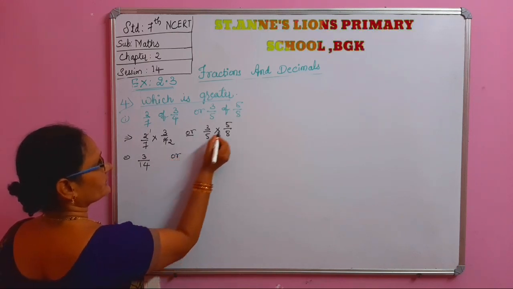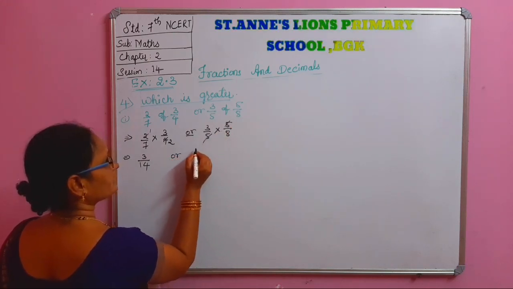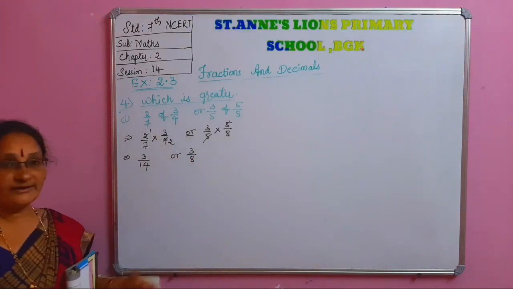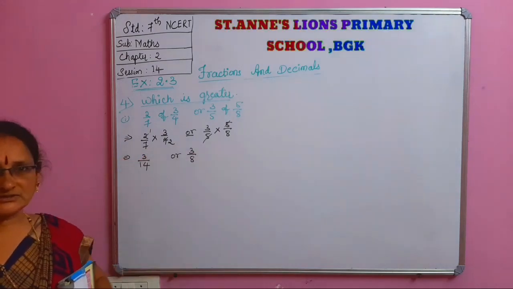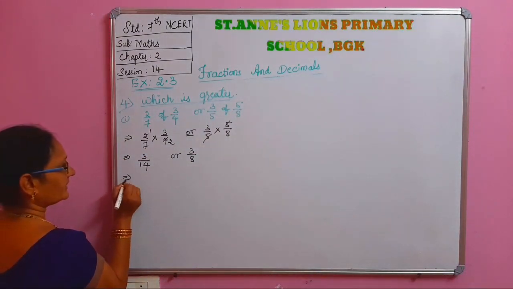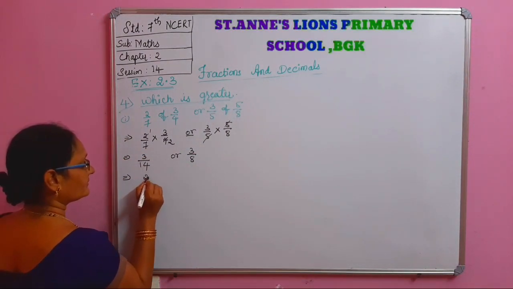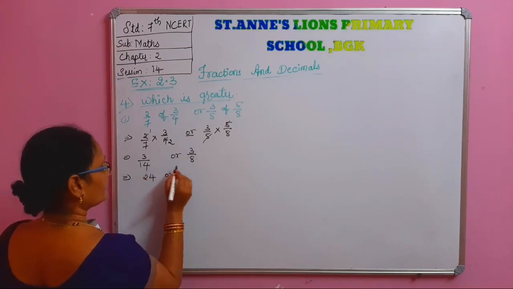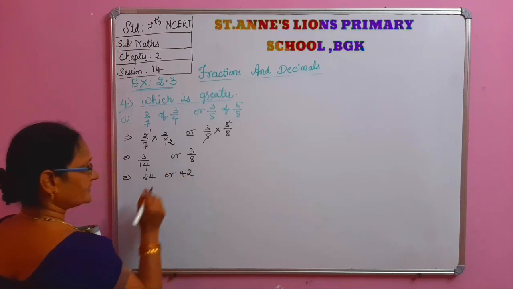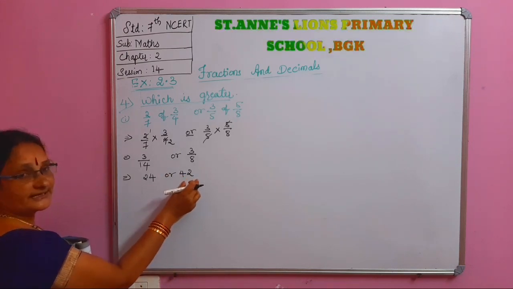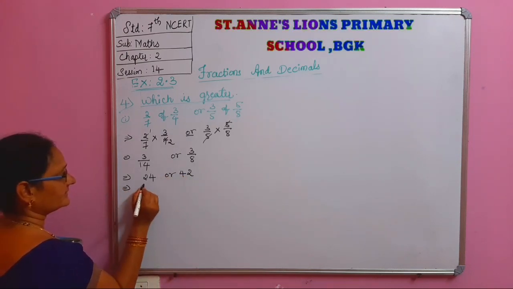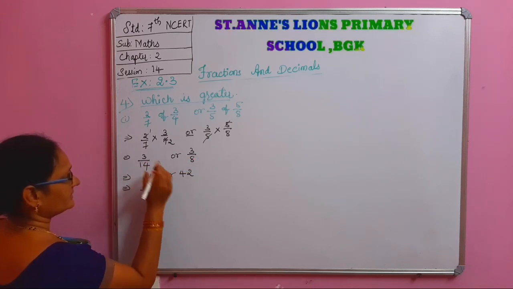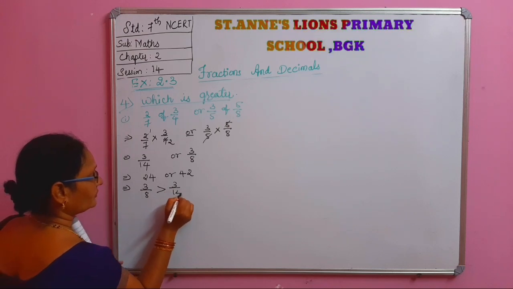Then here, 5 5 got cancelled, 3 by 8. Now how to find out which is greater? Cross multiplication will do. 8 3s are 24, or 14 3s are 42. Which is greater here? This is greater. This implies that 3 by 8 is greater than 3 by 14.